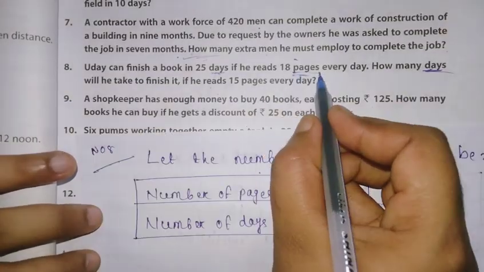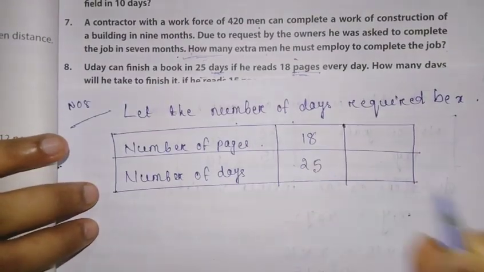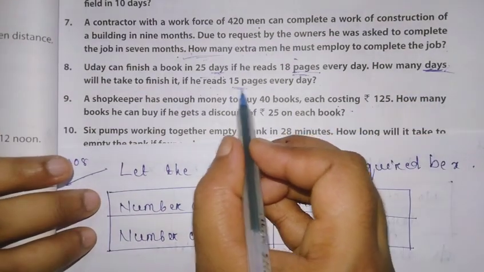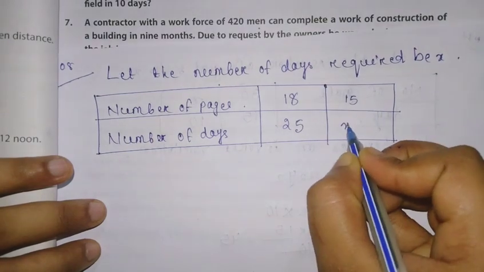Then write 18 pages, 25 days. Then 15 pages, x days.